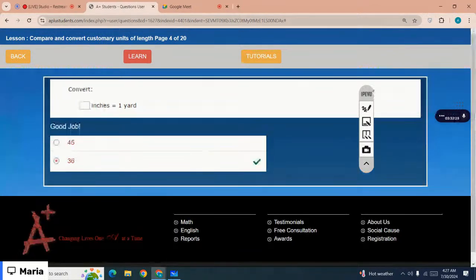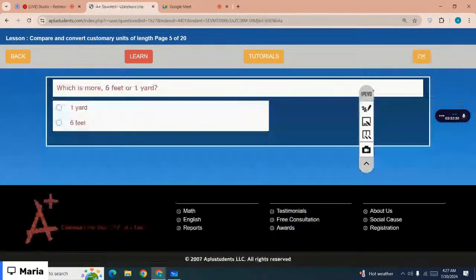Which is more, 6 feet or 1 yard? Which is the correct option?